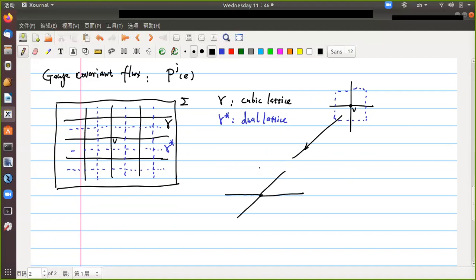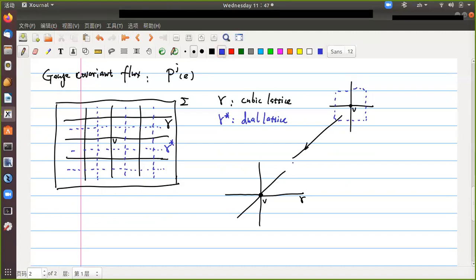Okay, so this is a 6-valent vertex. Every vertex is 6-valent, and it's a cubic graph. And then in the dual lattice, on the original lattice gamma, you have edges, right? At each edge, you intersect the edge using a so-called dual face.